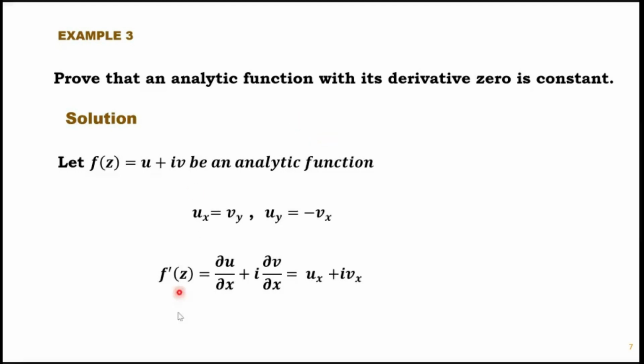We know f dash of z, if f of z is u plus iv, f dash of z is ux plus ivx. We have done this part yesterday. F dash of z is ux plus ivx. We are given that f dash of z is equal to 0, so ux plus ivx equal to 0. Now the left hand side is a complex number and the right hand side is 0. When can you say that two complex numbers are equal?